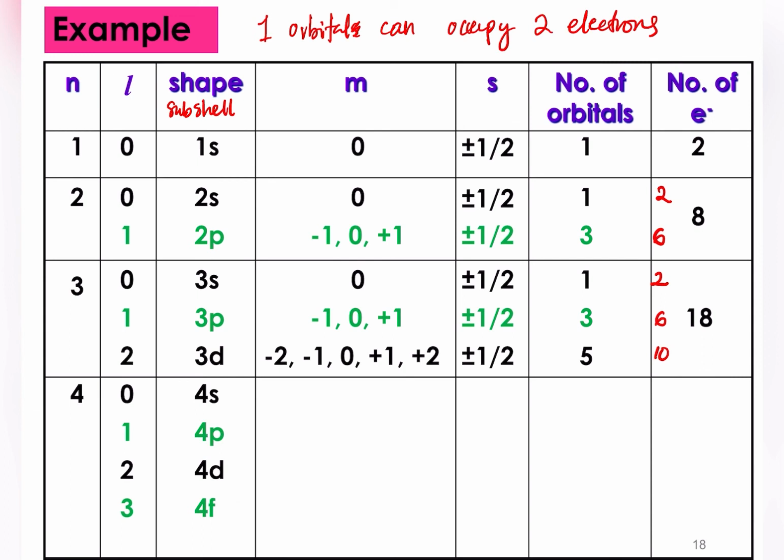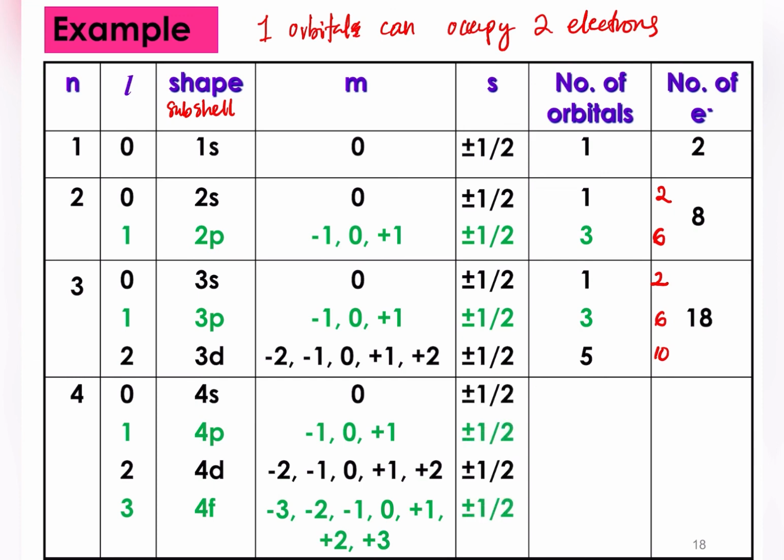And my m value 0 for 4s, 3 values untuk 4p, 5 values for 4d dan 7 values for 4f. And each of them, each value ada plus minus half untuk electron spin. And next one, kita tentukan number of orbitals bergantung kepada m value.